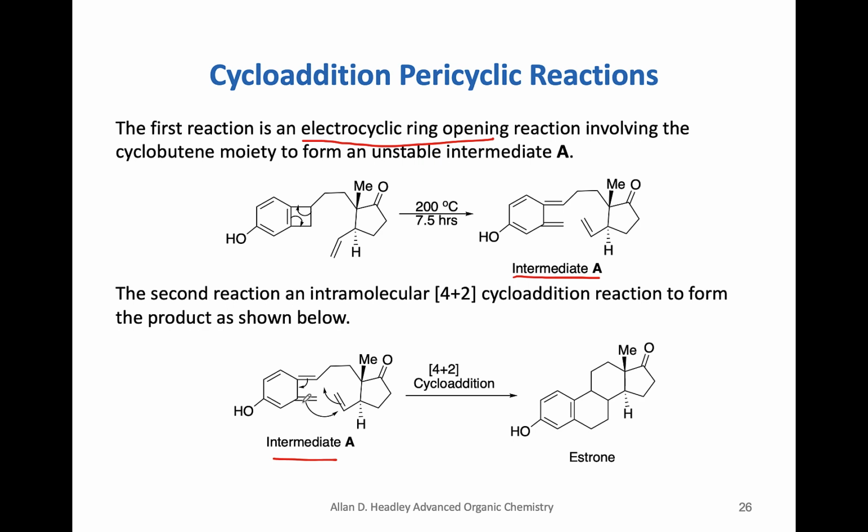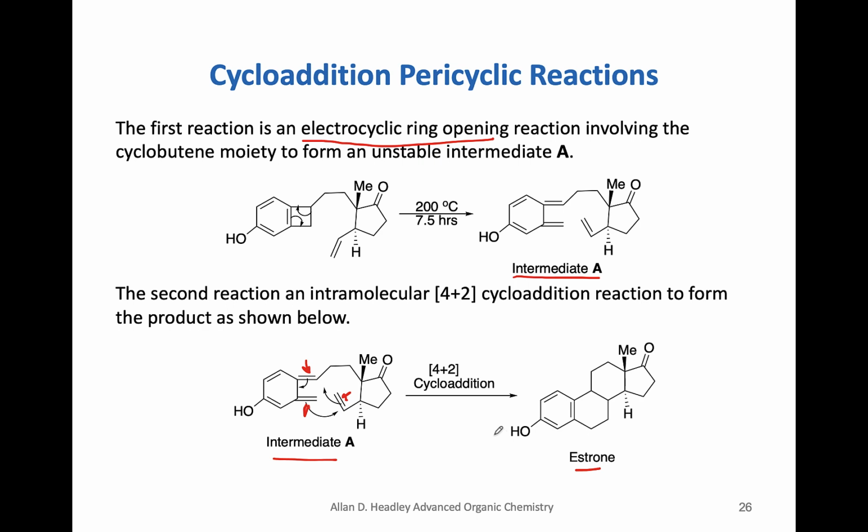So if these electrons came out here, from here, come back in here, we have this as our product. So you can see here that we've formed new bonds using this as our 4+2 to get that 4+2 cycloaddition to give this as the product.